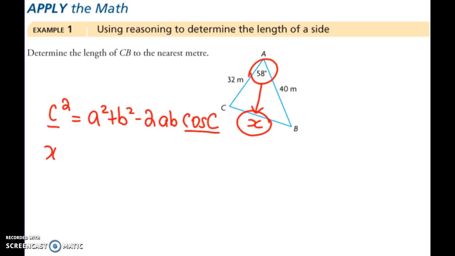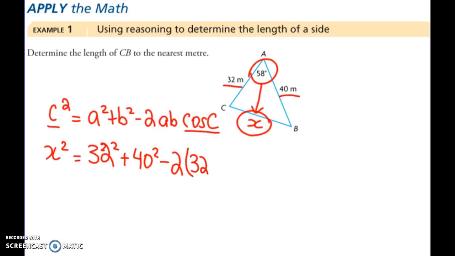So we'd start with our side length, x squared is equal to our other two side lengths squared, minus 2 times 32 times 40, and cos is our angle of 58.